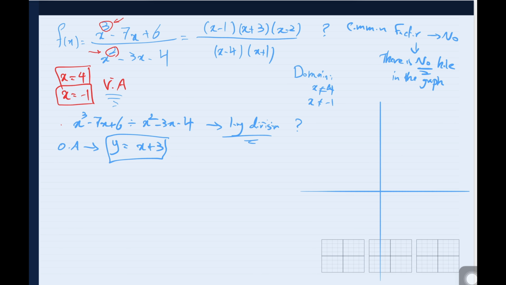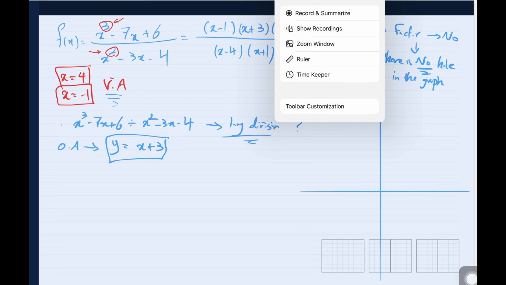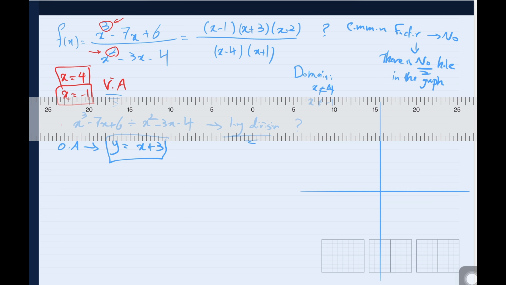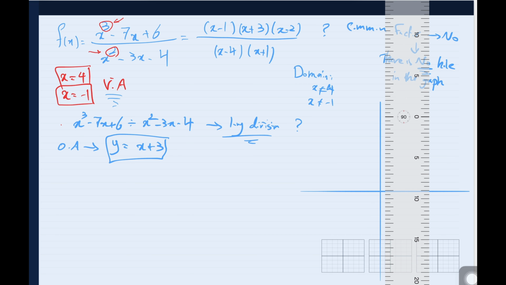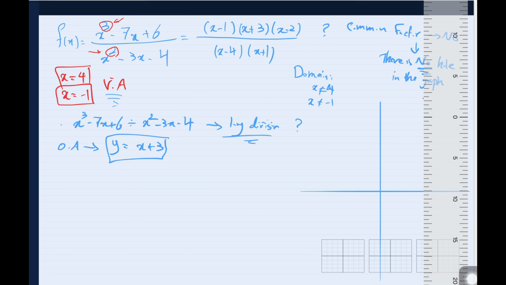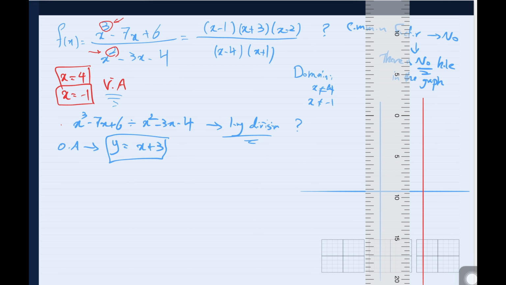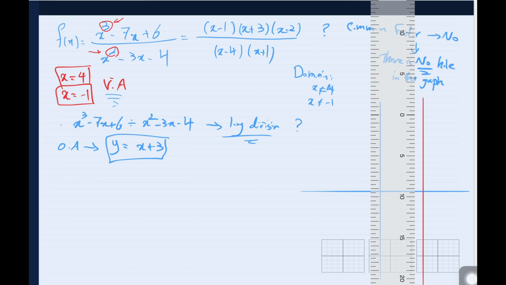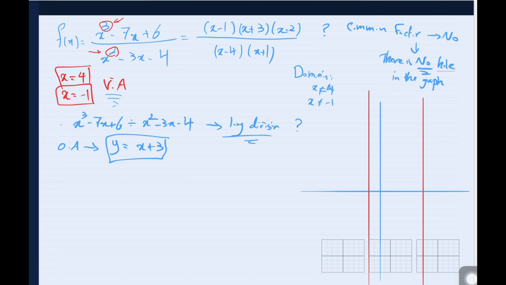We said the function is not allowed to cross or touch vertical asymptotes at all. So I'm going to draw those two vertical asymptotes. We have x equals 4, like here, and x equals negative 1 is like here. Okay, so these are the vertical asymptotes.